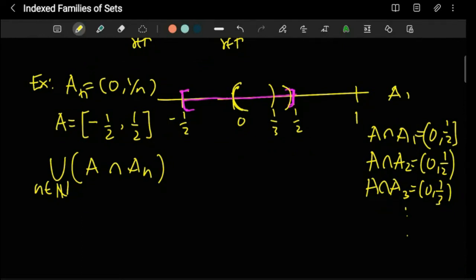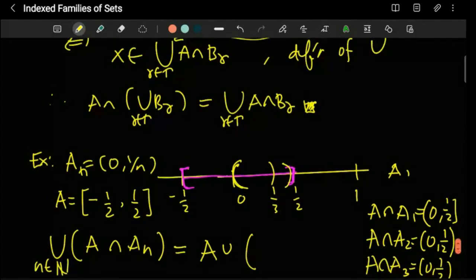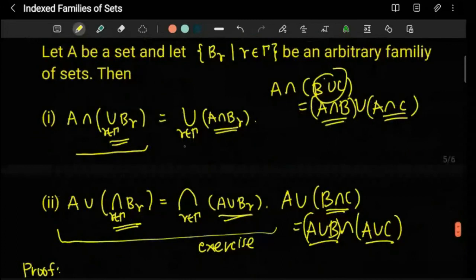But the theorem is saying we can do this another way. This is also the same as A intersection the arbitrary union. Union outside, intersection inside.